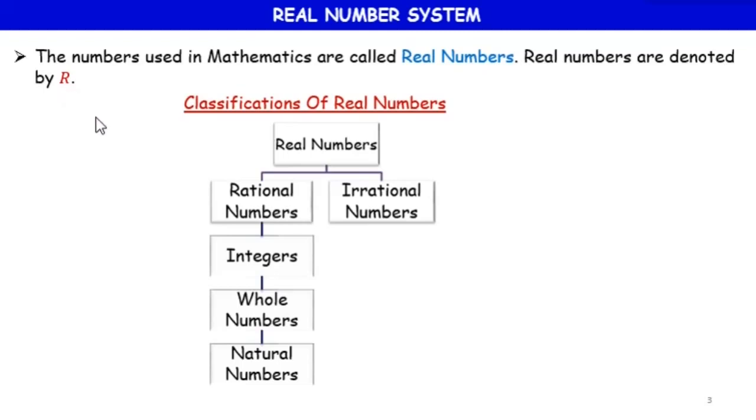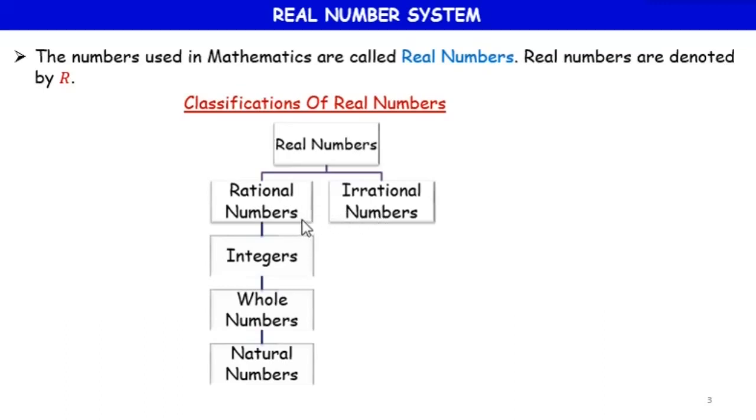And we have classifications of real numbers. Real numbers broadly are divided into two main categories, and that is the rational numbers and the irrational numbers.